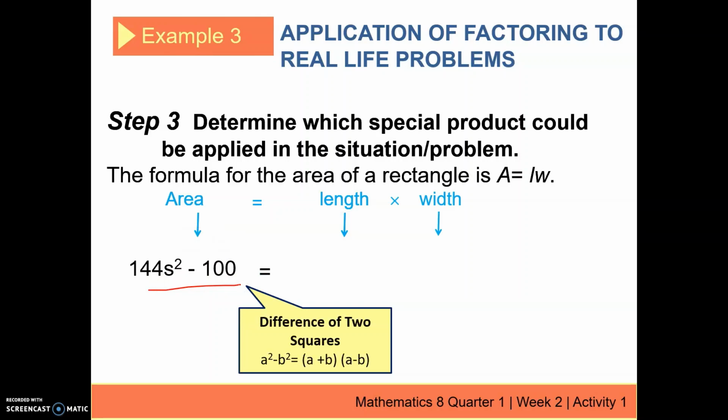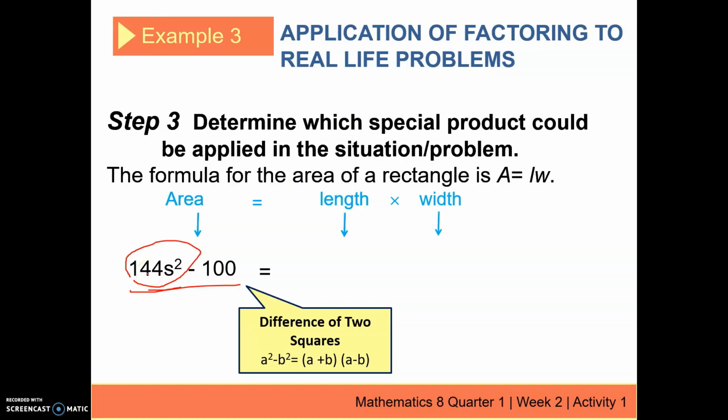What do you think is the best special product or the factoring technique that falls under the polynomial 144s squared minus 100? First, we can see that the given polynomial is a binomial. It only has two terms. And we can see further that both terms are perfect squares.